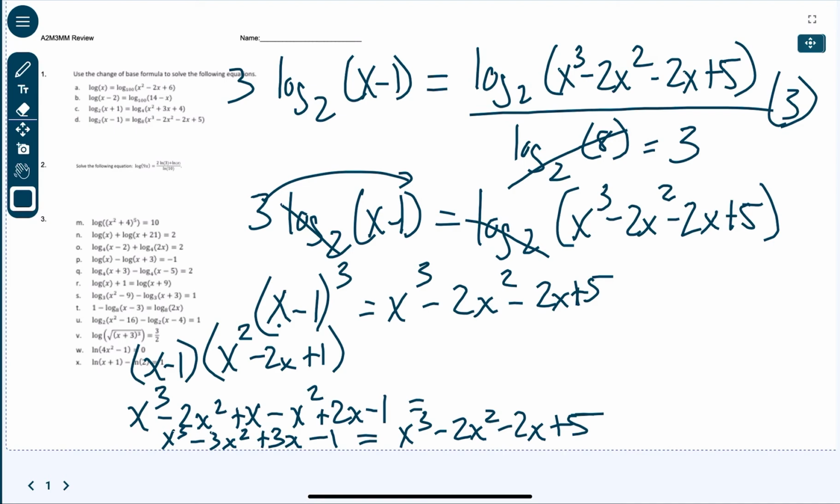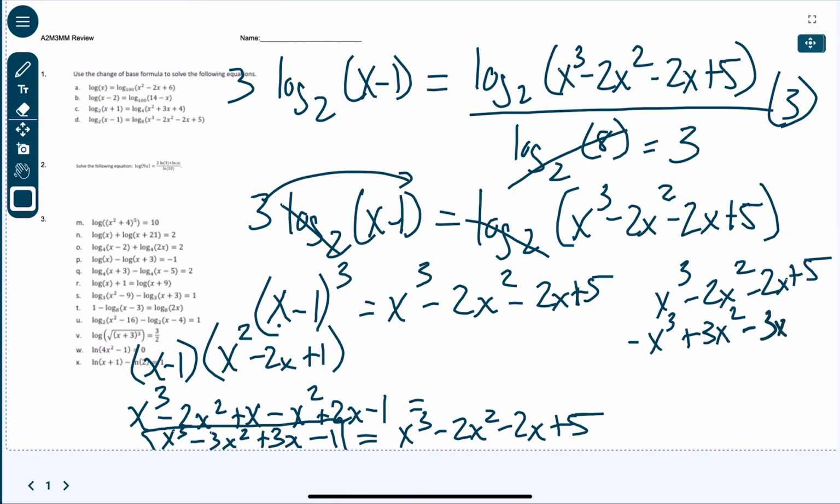So that's going to mean I have x cubed minus 2x squared minus 2x plus 5, and I'm just going to subtract this whole side. So that's going to be minus x cubed plus 3x squared minus 3x plus 11. And that gives me x squared minus 5x plus 16.